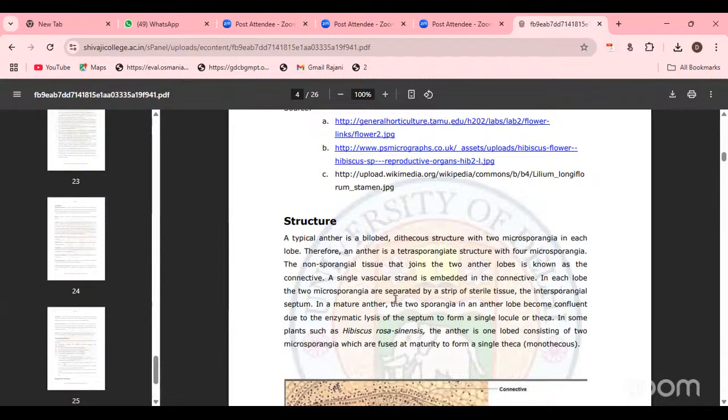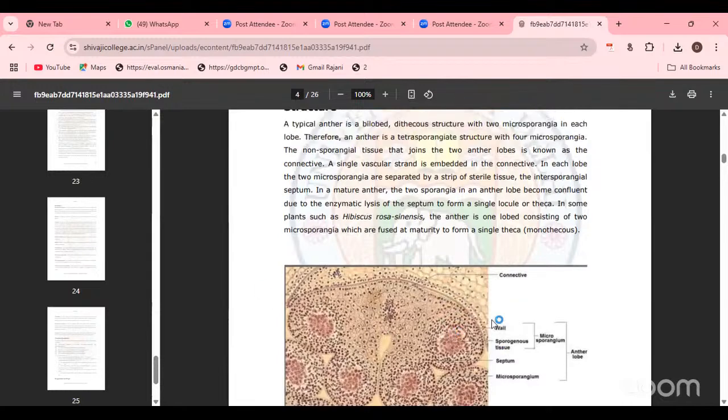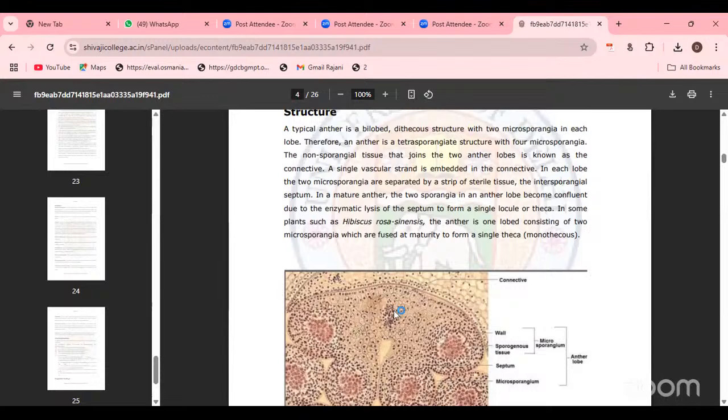Therefore, an anther is a tetrasporangiate structure with four microsporangia. This is the four-lobed structure. In this four-lobed structure, the microsporangia and non-sporogenous tissues join together the anther lobes. This is called the anther lobes, and the tissue joining them is known as the connective.